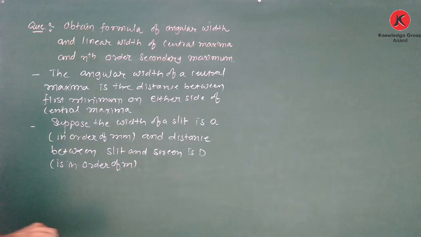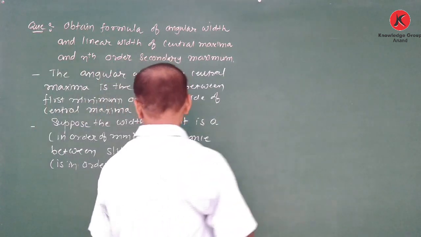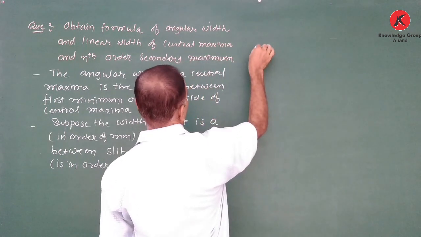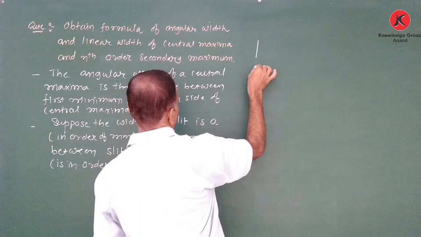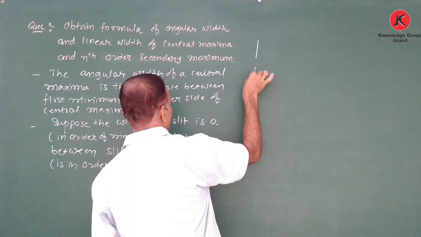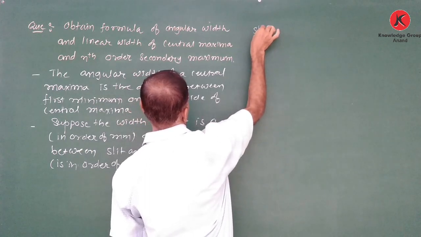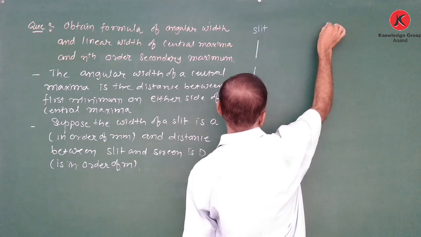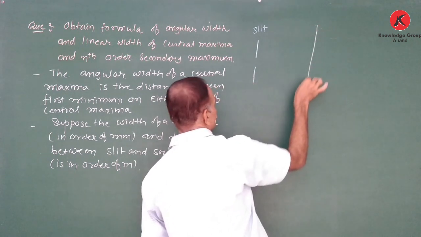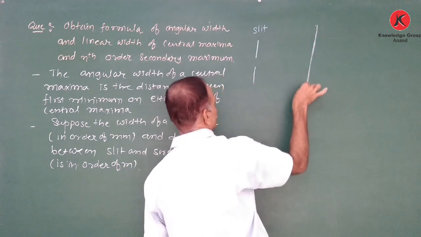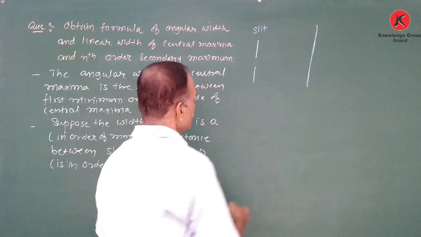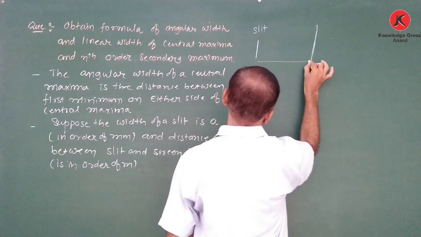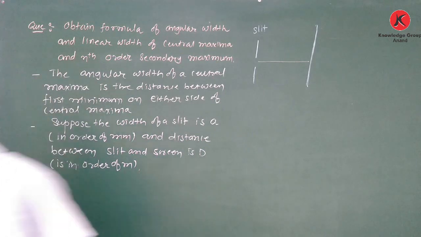So as we draw the diagram, there is the slit, and here is the screen. There is the perpendicular bisector of the slit.